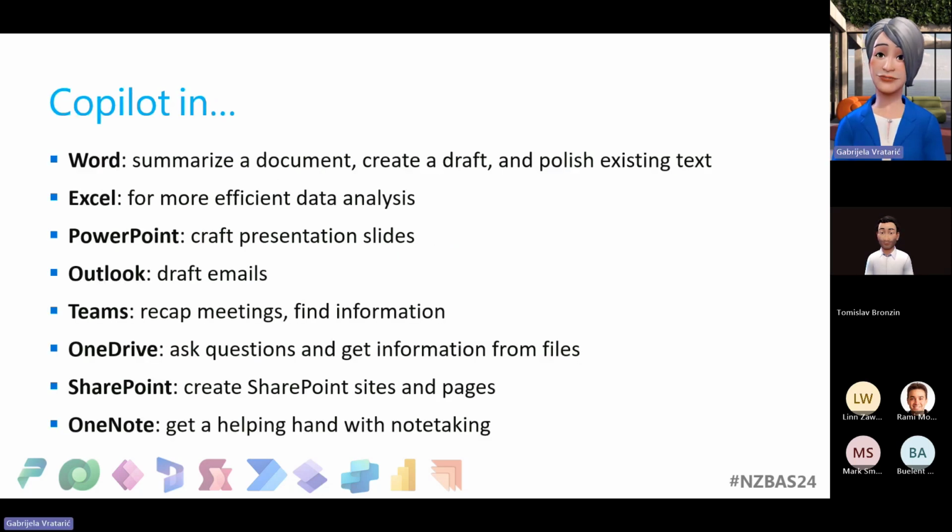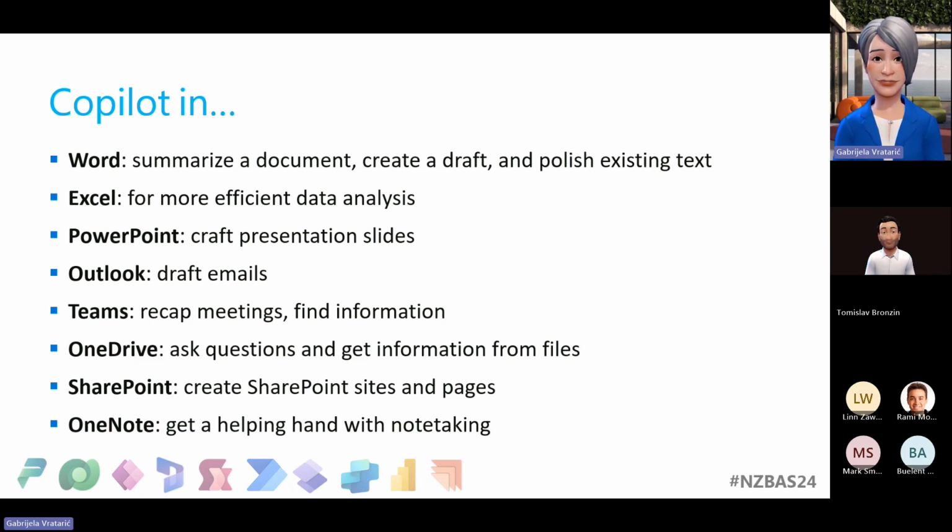As I said, Copilot is everywhere in Microsoft 365, in all of the applications. In Word, you can polish existing text, summarize it, create a draft, compare two Word documents, find differences, and so on.